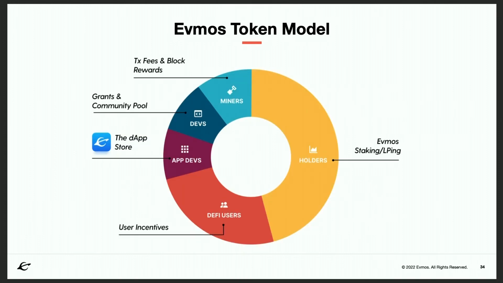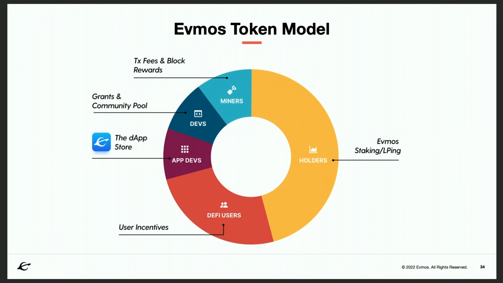So going back to the original community and how the Evmos ecosystem works, Evmos is trying to create incentive alignment for all the different users, validators, decentralized application developers and DeFi users in the entire ecosystem.